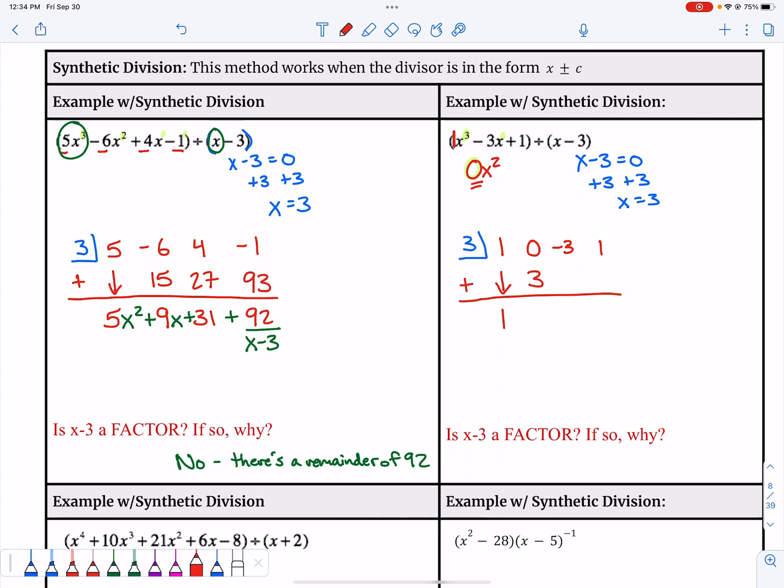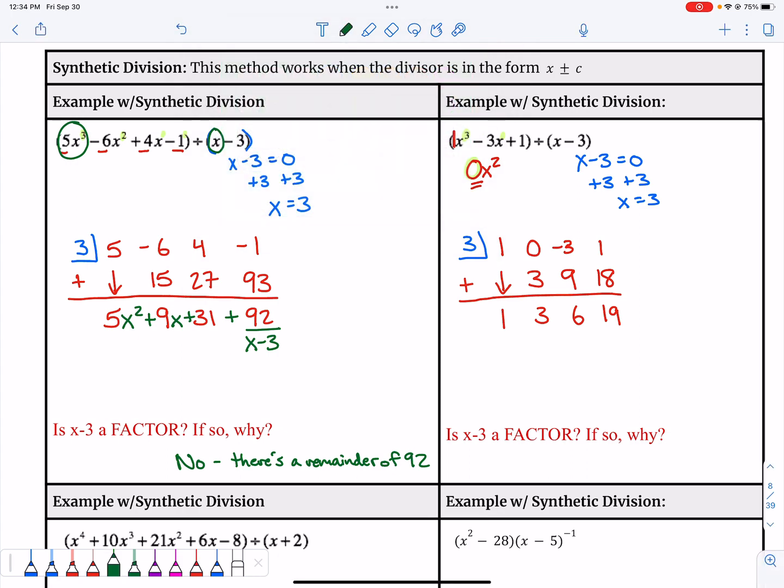Then you're going to add those together, so that would be 0 plus 3 is 3. 3 times 3 gives you 9, so bring that over underneath the next number, which was -3. -3 plus 9 gives you 6, and then 6 times 3 is 18. Bring that over underneath the final number, and you add those up and you get 19.